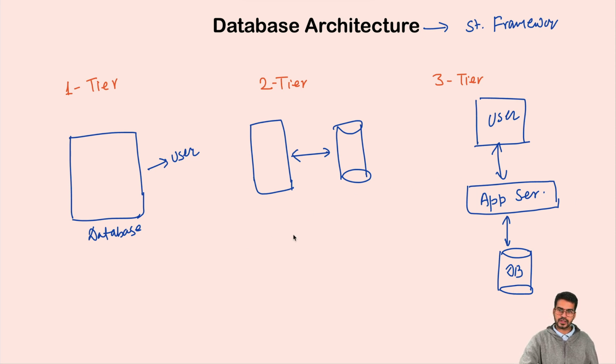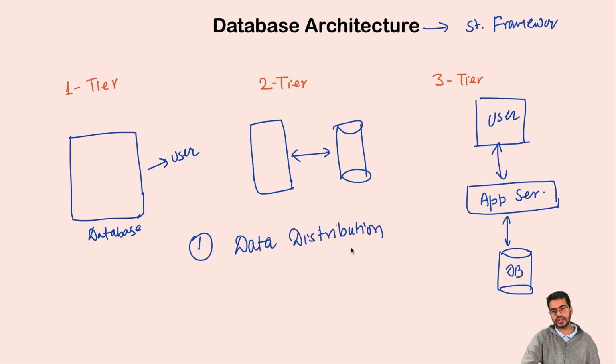Now there are some advanced concepts which we must know as a database engineer. The first one is data distribution. Data distribution is basically distributed systems where data is distributed into multiple servers. And nowadays this concept is really useful because there are countries coming up with laws that the data from their country, or the data for the users of that country, should only be stored in that region or that country.